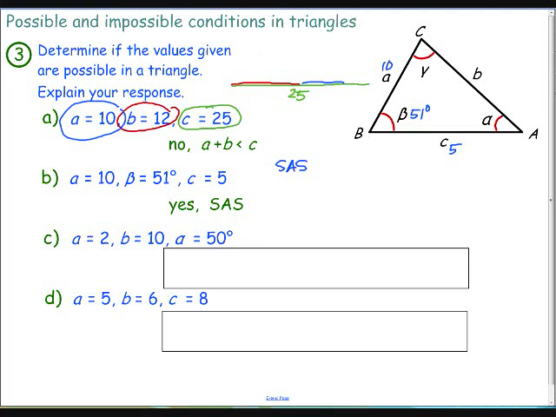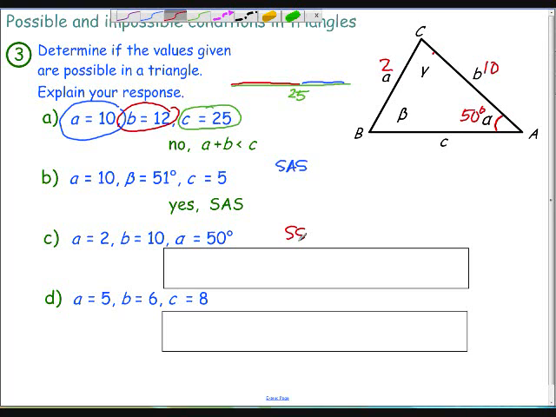And the next one. See what we've got here. We've got alpha, which is 50. We've got opposite alpha, which is 2. And we've got B right over here, which is 10. So in this case, we've got side, side, angle.